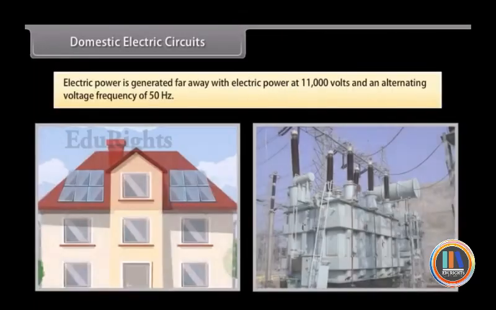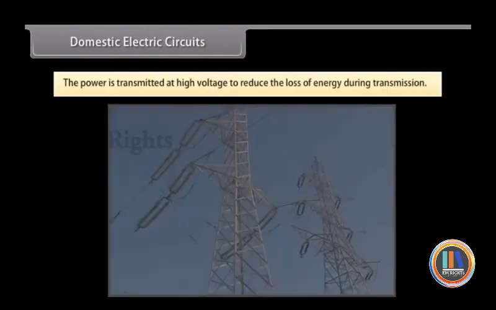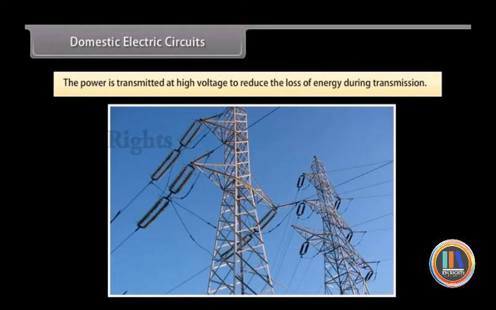Domestic electrical circuits. Electric power is generated far away from the places where it is consumed. At the generating station, the electric power is generated at 11,000 volts with an alternating voltage frequency of 50 Hz. The power is transmitted to the places of consumption at high voltage to reduce the loss of energy during transmission.